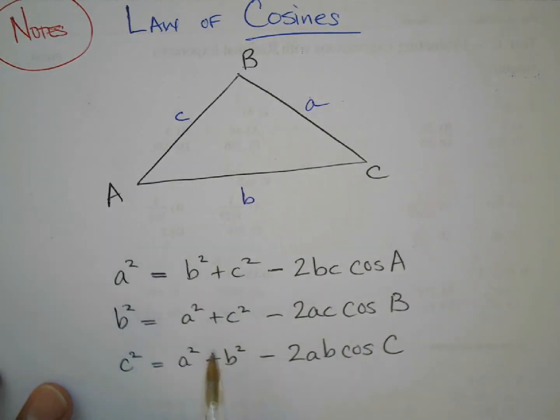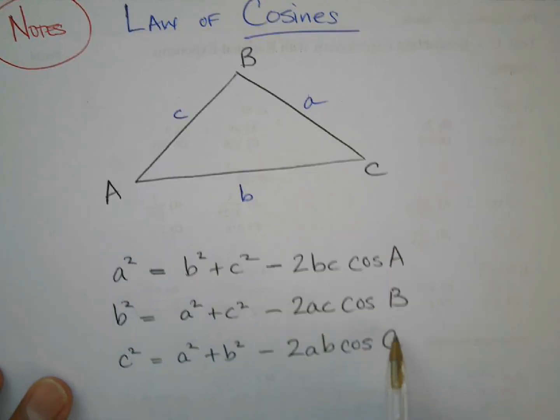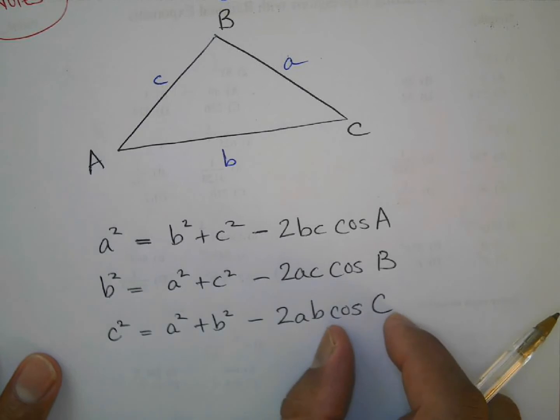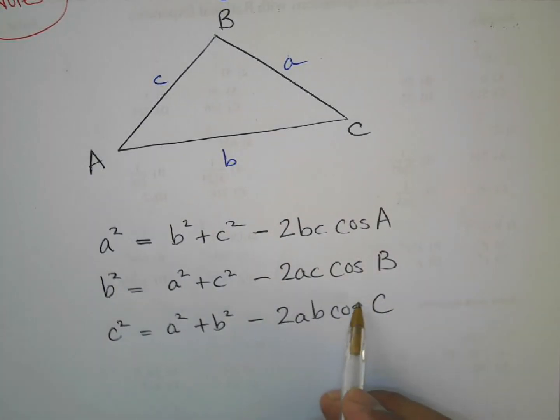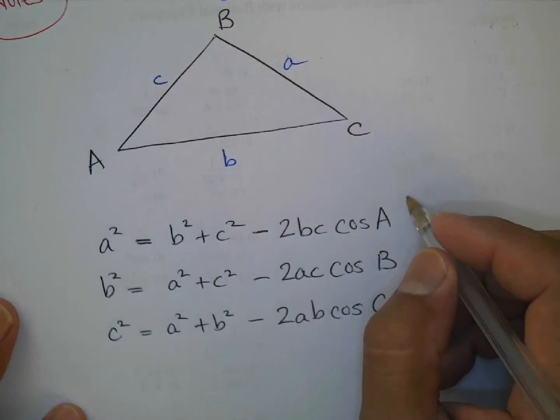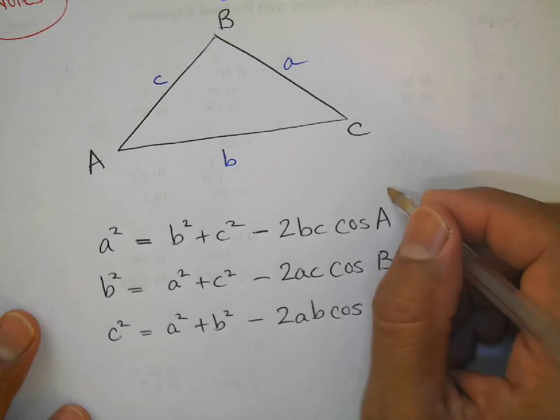You got to know this side is squared, add it to this side squared minus, and then this is all a multiplication here. The cosine of the angle times 2 times A times B, all this is multiplied here. Okay, so these are the formulas. This is to find missing sides.